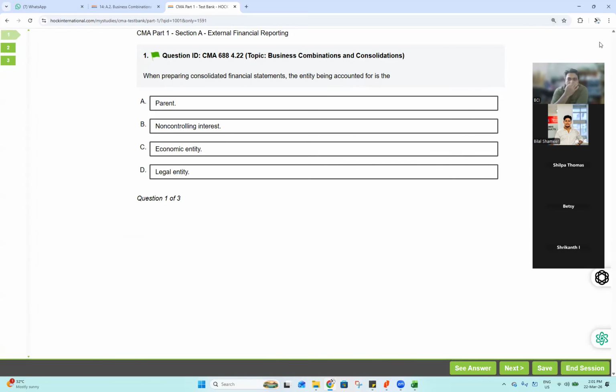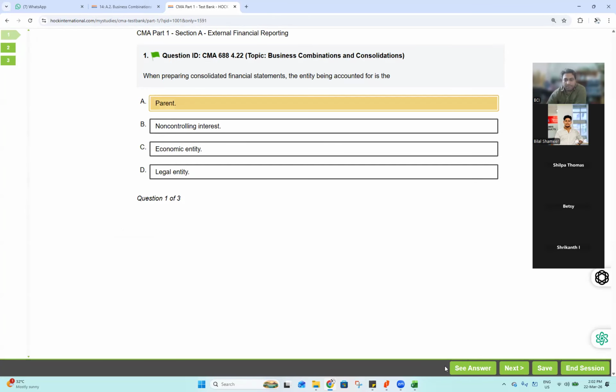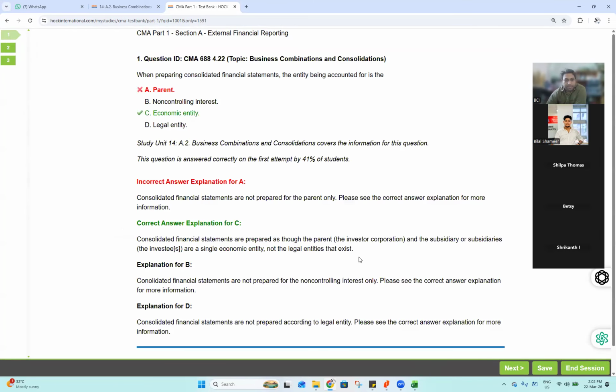When preparing consolidated financial statements, the equity being accounted for is the... When preparing consolidated statements, the entity being accounted for is which company? Parent. Yeah, parent. Sorry, economic entity. Now let's read why the answer went wrong. Consolidated statements are not prepared for the parent only.